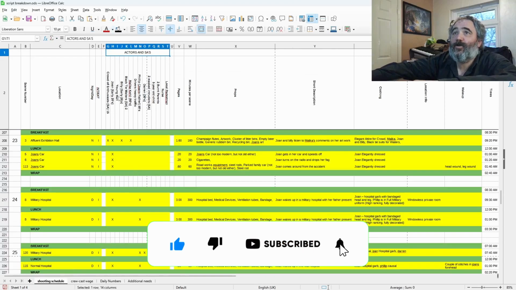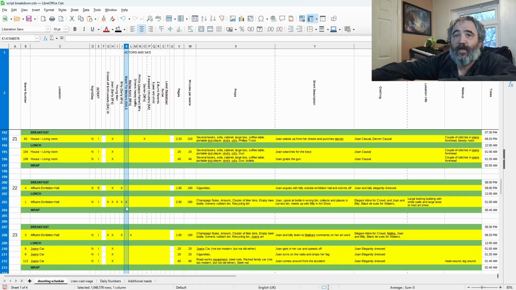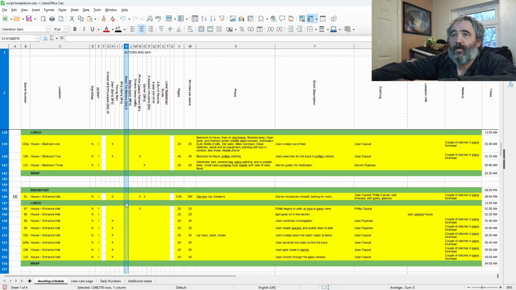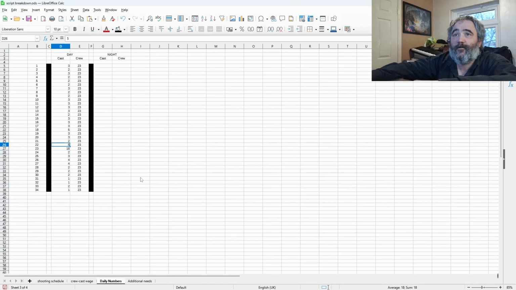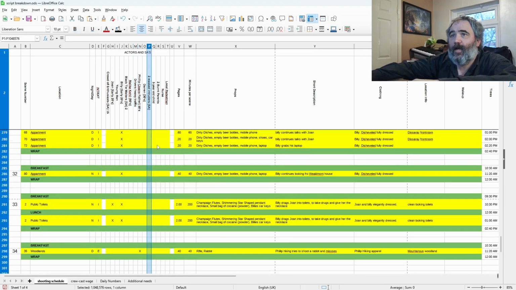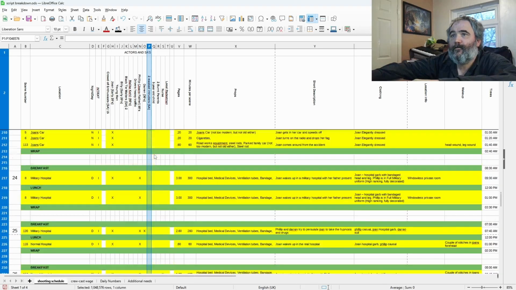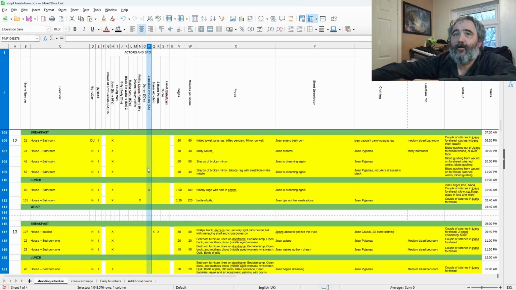Okay. John, Young Man, Billy, Black Tie Waiters. There's 2 of them. So now we need to find out what day they're in. They're in on 22. So we need to add an additional 1 for 22. That's 6. Drivers for heavy traffic. I haven't decided how many of them we want. 2 master intruders, so that needs an additional 1. Find out where they are. They're there. So that's day 12.